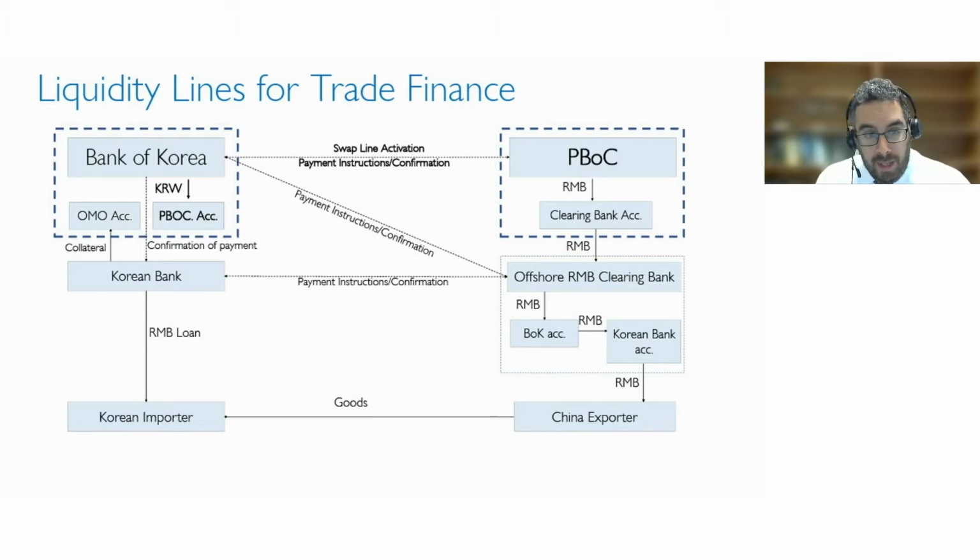Okay, and then what would happen is, this would be essentially intermediated via an offshore clearing bank because there are capital controls.